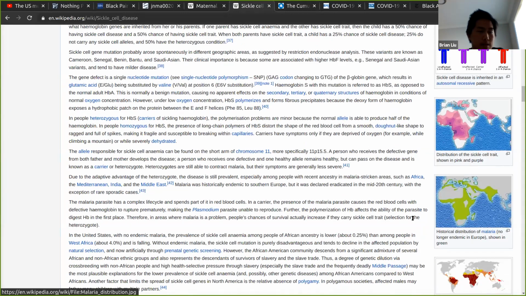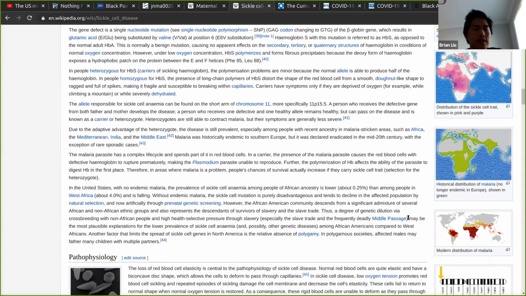So the thing with sickle cell anemia is that if we look at the genetics, it mainly affects people of African descent, some Indian subcontinent, South Asian descent, some here in Saudi Arabia as well. But a lot of this is correlated with the historical distribution of malaria, and with all correlations, we have to be careful. Correlation does not imply causation.